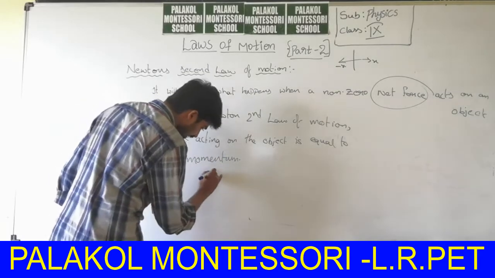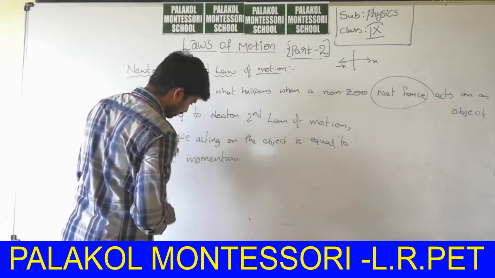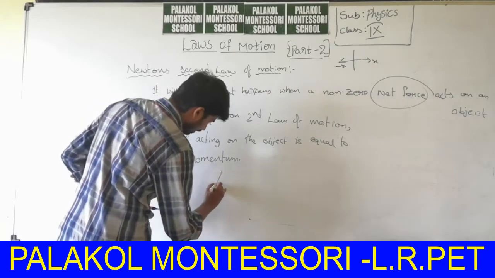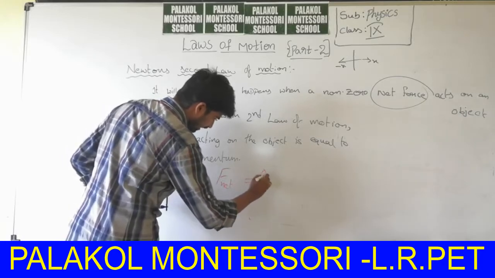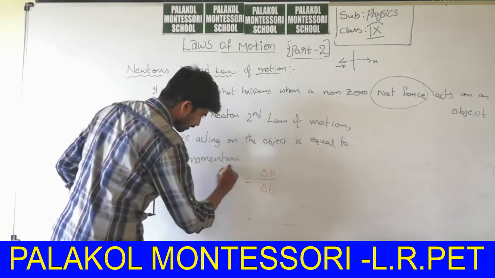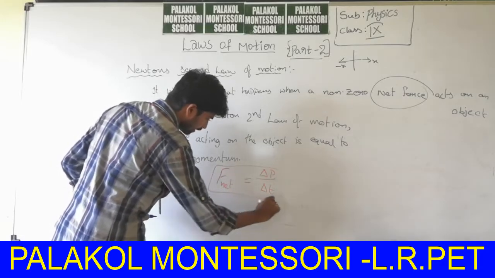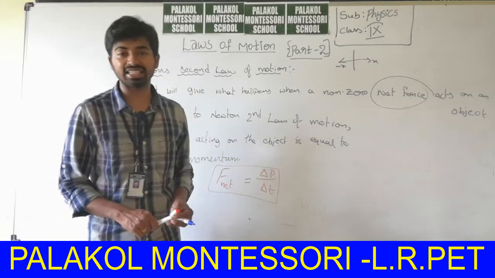He has given that F net is equal to delta P by delta T. How fast is the momentum increasing?